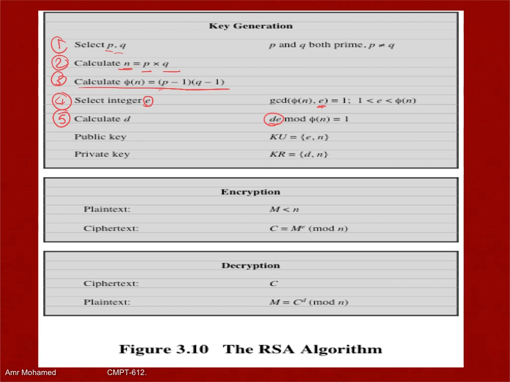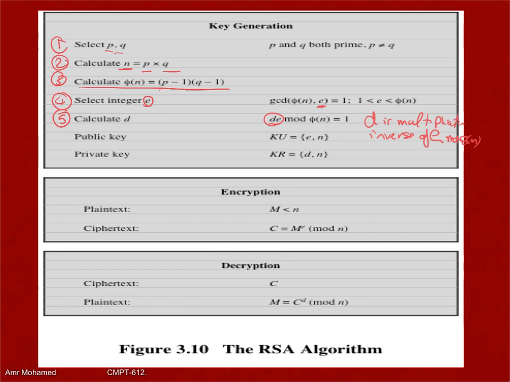Okay? We call D the multiplicative inverse of E, mod totient of n.